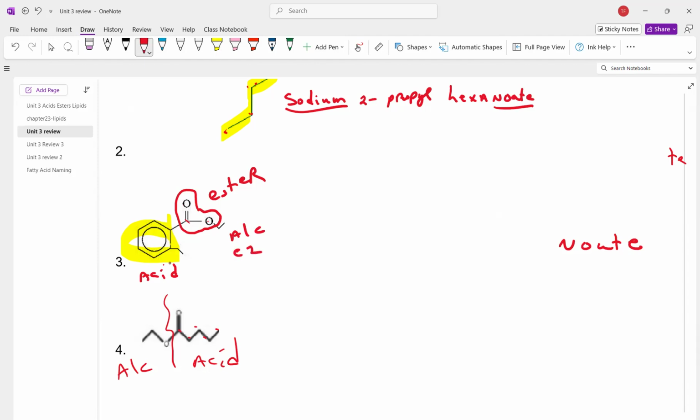So we're going to start with ethyl. Two-carbon alcohol start. And then because it's derived from benzoic acid, it's going to be benzo.